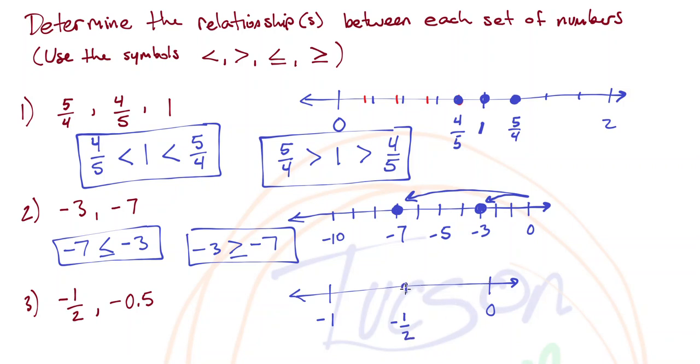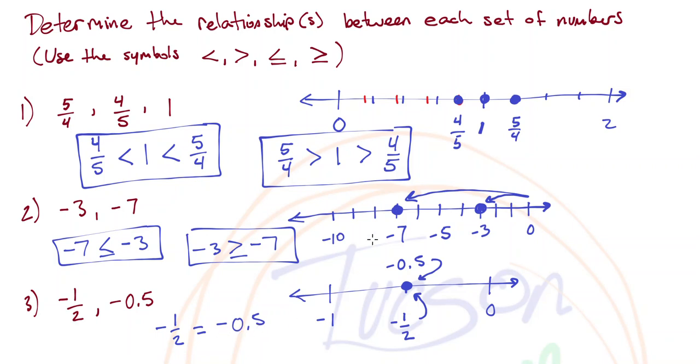Well, wait a second. -0.5 is the same as -1/2. So both numbers are the same number. So technically, -1/2 and -0.5 are equal to each other.